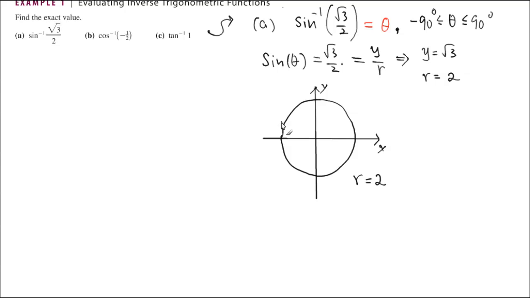And that is not over here. It's always in the first quadrant or the fourth quadrant. So I think root 3 is close to 2, so I will put it over here. That is where the y coordinate is root 3. So that's the angle we're talking about. That angle right there, in between negative 90 and 90. Does that make sense? And they want us to figure this one out, and we're doing that without using a calculator.